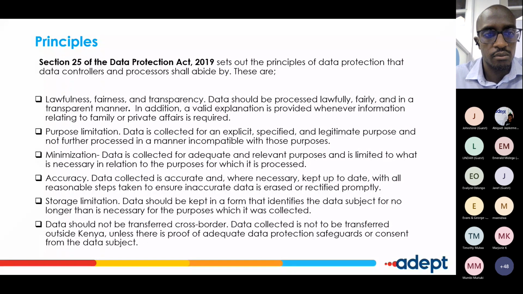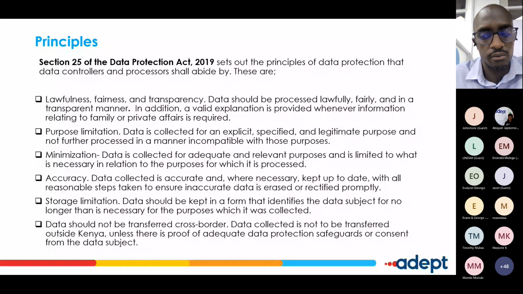So the right to correction is whereby if your name is misspelled or any of your details are not correctly captured, you can make a formal request to a data controller or processor to remedy the same. Then there's also the right to withdraw consent. So if, for example, you've already given the consent, you're at liberty to withdraw this consent. Then there's also the right to receive personal data concerning them in a structured, commonly used and machine readable format.